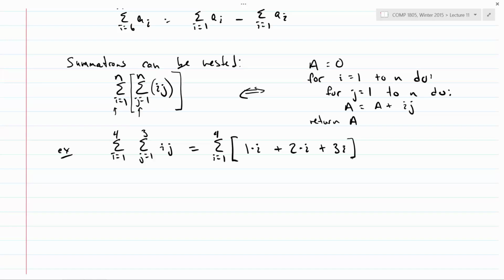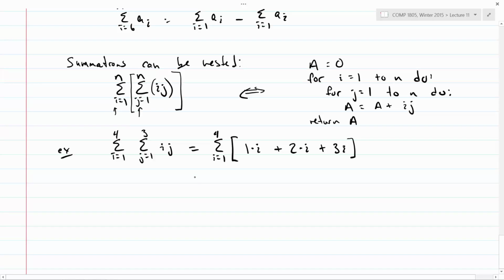It can't be. It was only a temporary variable that held these values as it went through the sequence. So in this case, I'm summing over j, and j doesn't appear anywhere in my answer. So I'm happy. I'm summing over i, but that's in the outside summation. It's okay if my answer is in terms of i right now. I'll get rid of that later. So when you've solved a sum, your answer should not be in terms of that index of summation. If it is, you've done something wrong.